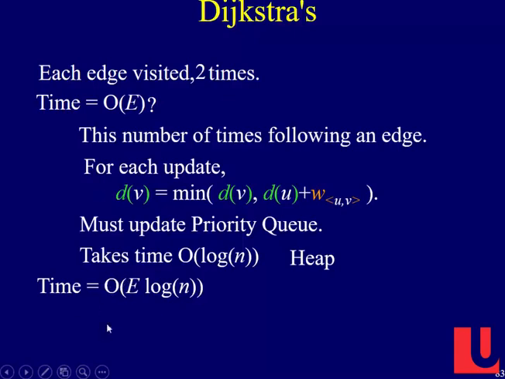For every edge, you have to update the heap, right? And how do you update the heap? Here we have our heap. The minimum is up here, and some big number is here, right? You bubble it up. You compare it to its parent, and you swap if it's better. And you bubble it up. It takes you log n time.